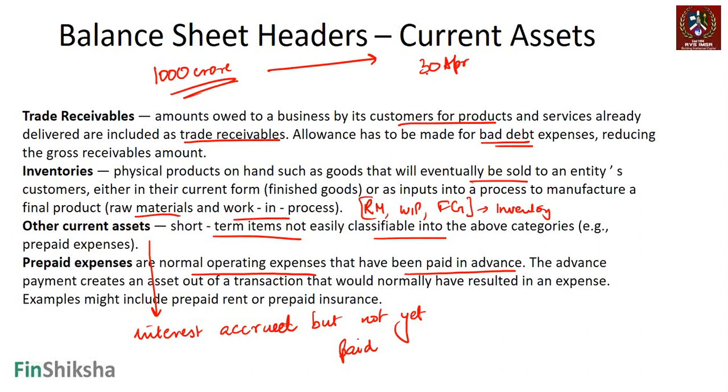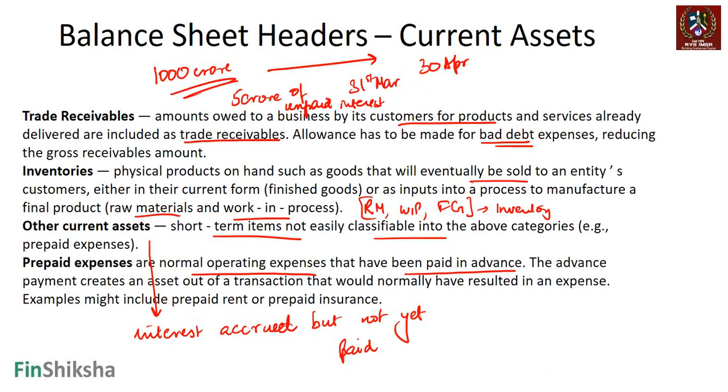I'm going to get the interest on 30th of April. On 31st March, I might have about 5 crore of unpaid interest, right? It'll show there in the account, but it has not yet been paid. That's an asset because it'll come back to me in the short term, right? That is what is called another current asset.